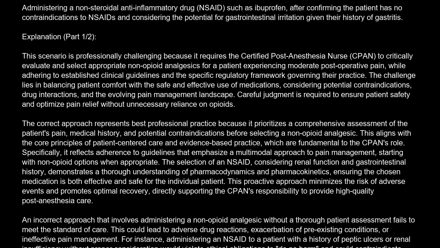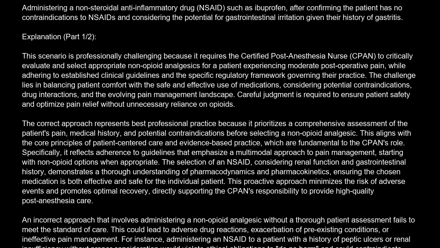The selection of an NSAID, considering renal function and gastrointestinal history, demonstrates a thorough understanding of pharmacodynamics and pharmacokinetics, ensuring the chosen medication is both effective and safe for the individual patient. This proactive approach minimizes the risk of adverse events and promotes optimal recovery, directly supporting the CPAN responsibility to provide high-quality post-anesthesia care.